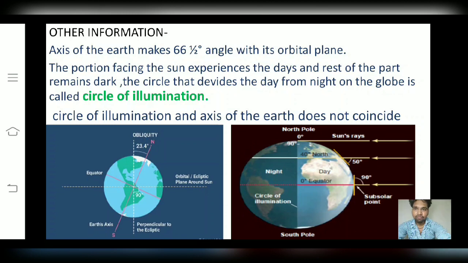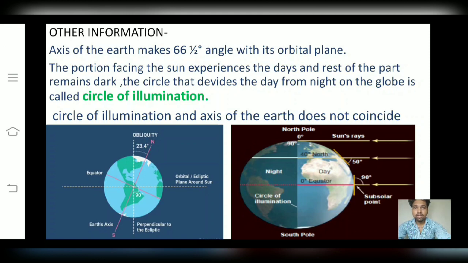So friends, in figure number 2, what do we see? We see that the part of earth which is on the face of the sun side remains lighter, and the part where the sunlight can't reach becomes dark.